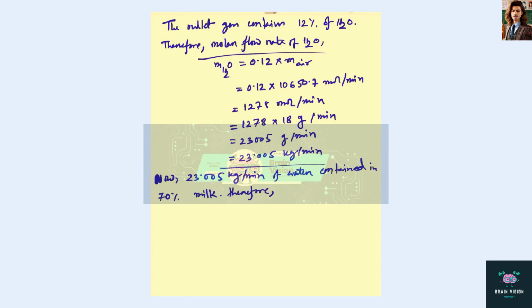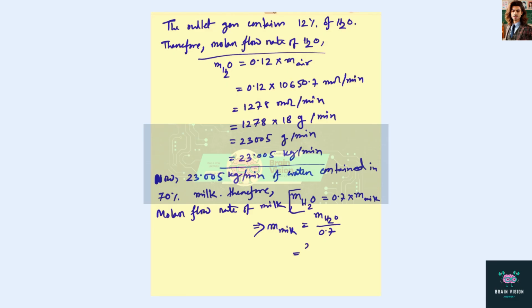Therefore, the flow rate of milk is the flow rate of water divided by 0.7, which is 23.005 kg per minute divided by 0.7, which gives us 32.9 kg per minute.